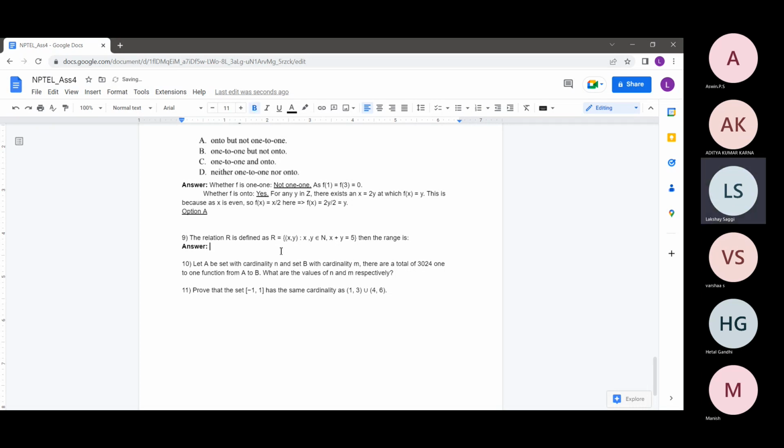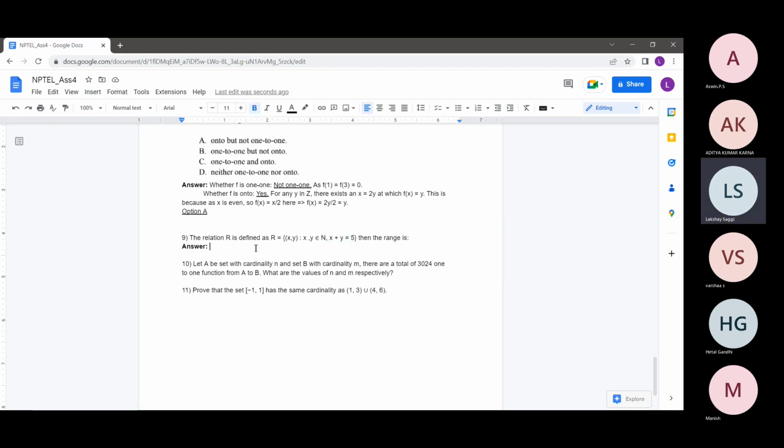So it defines the relation R as the set of pairs of natural numbers, such that the sum of these natural numbers is 5.